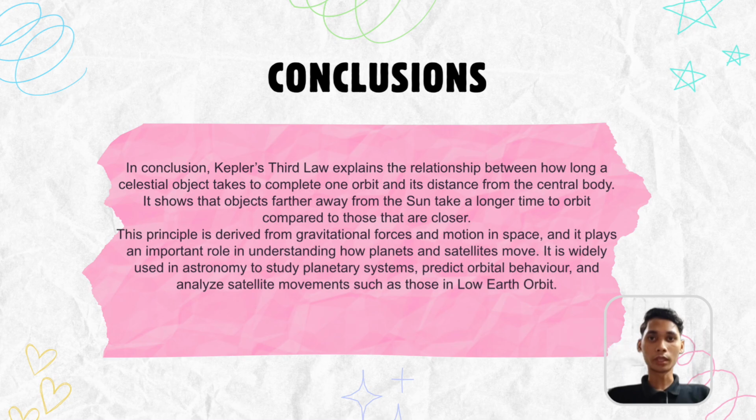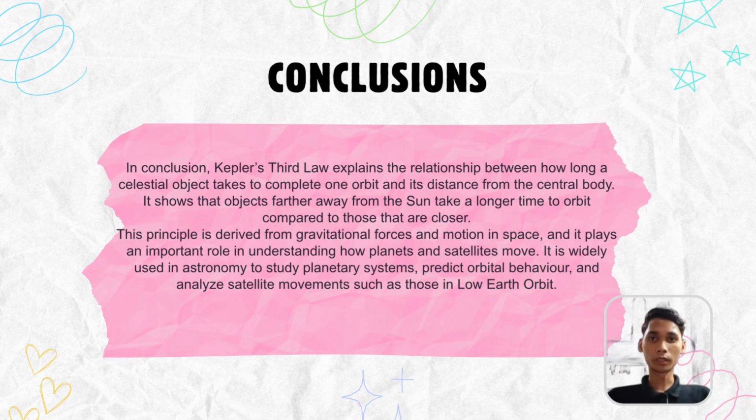In conclusion, Kepler's third law explains the relationship between how long a celestial object takes to complete one orbit and its distance from the central body. It shows that objects farther away from the Sun take a longer time to orbit compared to those that are closer.